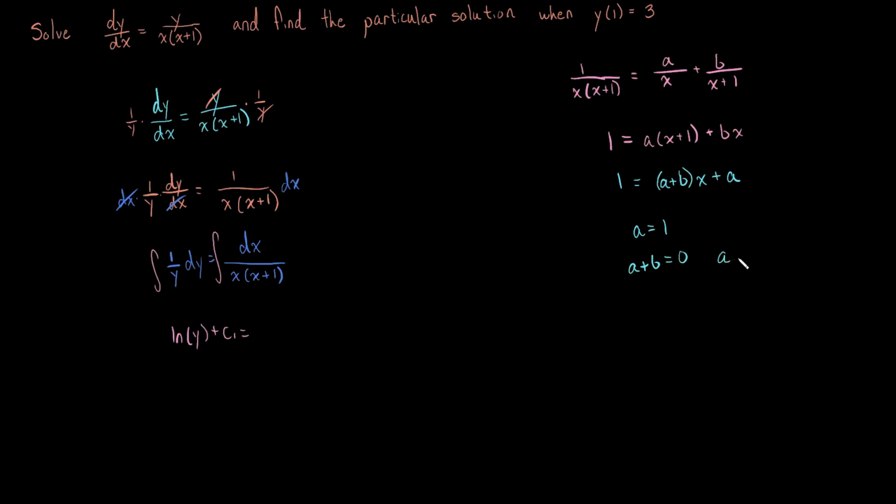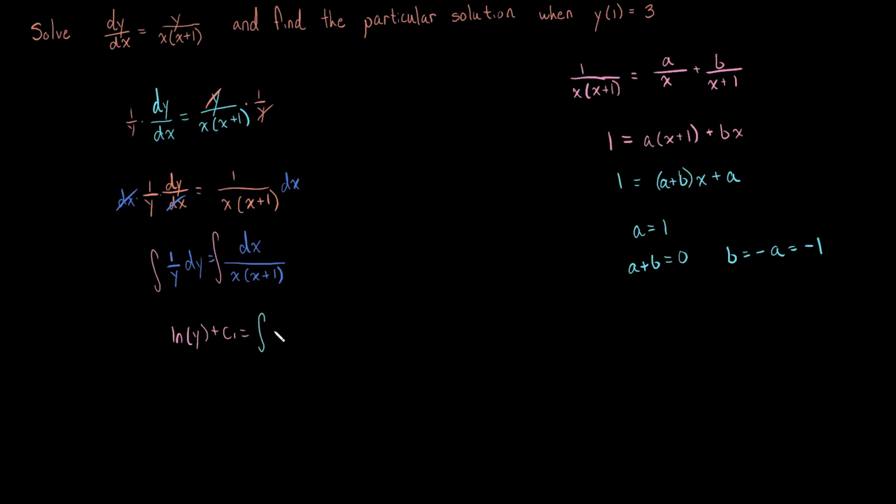So then we know a is equal to negative b. Oh, I guess a better way to say it is b is equal to negative a, which is equal to negative 1. So we know b is equal to negative 1. We know a is equal to 1. And now we can split this integral into two separate integrals.